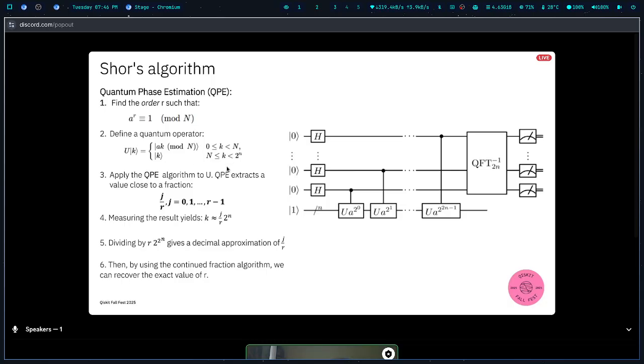After that, we will have some result that will be this K, and that has this type of output. By dividing by this factor, we can have a decimal approximation of these two values. So that's the angle that we were trying to find.